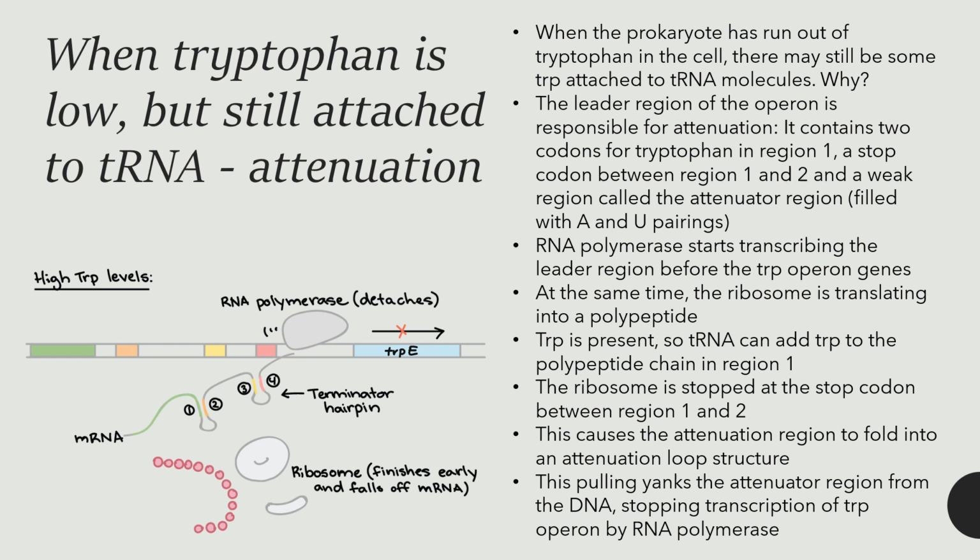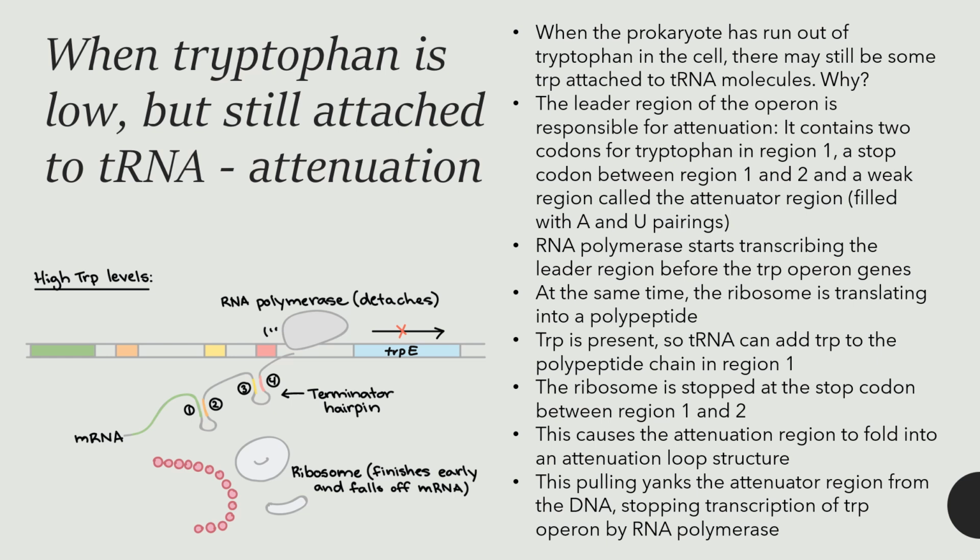All right, this next scenario is where it gets a little bit complicated, and that drawn out regulatory gene that I drew out for you starts to come into play. Repression completely stops transcription from even happening. Then we have this scenario, when there are low levels of tryptophan free floating in the cell.